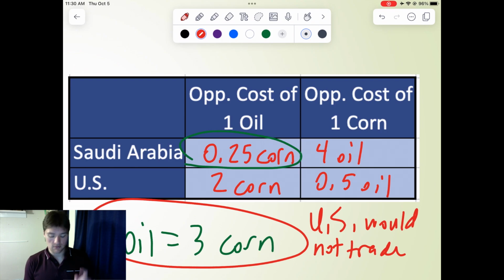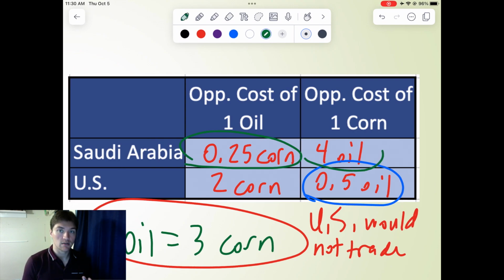Okay, so this number right here is telling you the minimum selling price for corn, 0.5 oil. Now, this price right here is telling you the maximum buying price for corn. Saudi Arabia will not pay more than 4 oil for 1 corn.